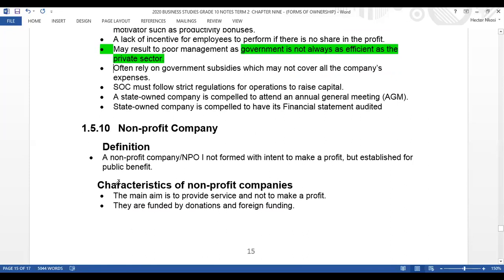So when we look at our NPO, those are companies, boys and girls, that we find in our sectors where they just raise funds to help the public, just giving back to the community. We speak about those companies where they're not making any profit. Their aim is to raise funds, maybe to give people bursaries, to help the needy people in terms of food.